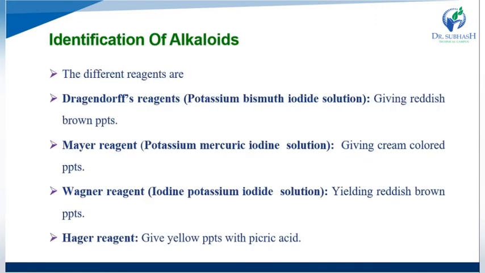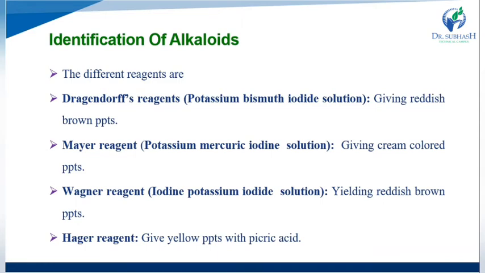Now we see the identification tests. There are mostly four identification tests here. First, Dragendorff's reagent, which contains potassium bismuth iodide solution, gives a reddish brown precipitate.